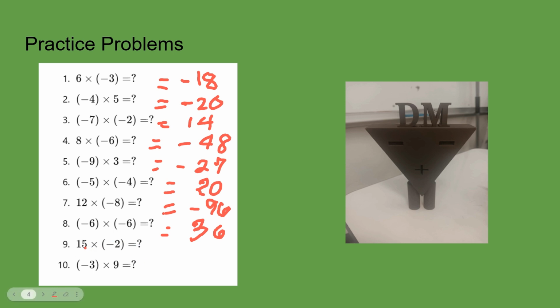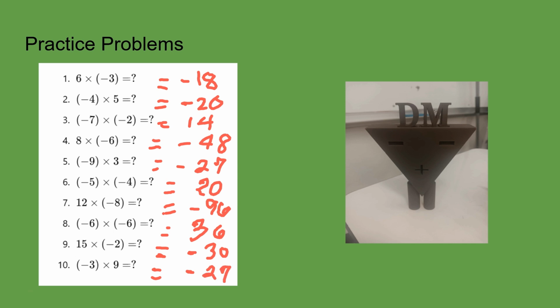So we have positive 15 times negative 2 will give us negative 30. Okay, according to our Mr. Dorito Man. Next, we have negative 3 times positive 9 will give us negative 27.